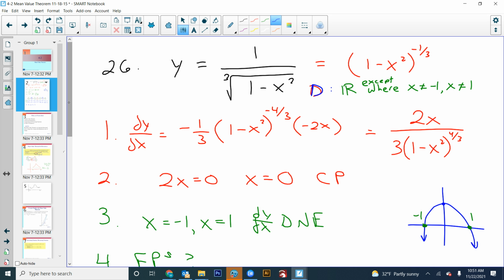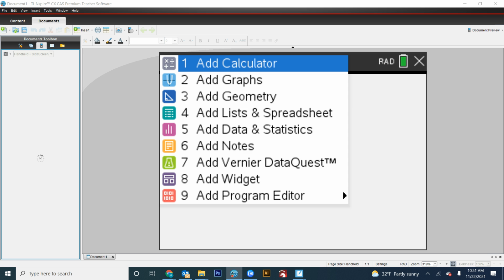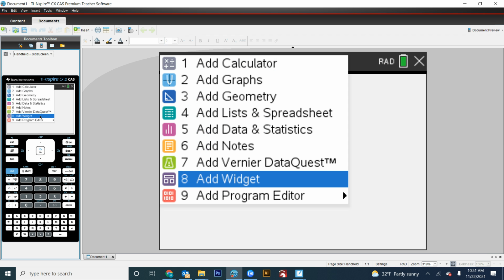Let's check it. 1 over the cube root of 1 minus x squared. Let me draw it again. So decreasing, I don't know where, and then decreasing, decreasing. Do you agree? Possible. I haven't looked at this one, to be honest.